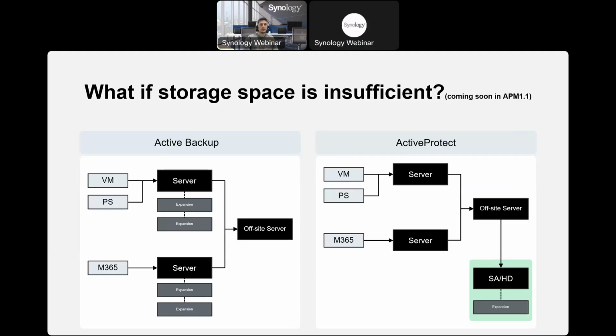There are extension units where the server is. So with Active Protect offsite, as you can see on the right-hand side, the server could be backed up on an SA HD series to ensure more storage space and a convenient solution.